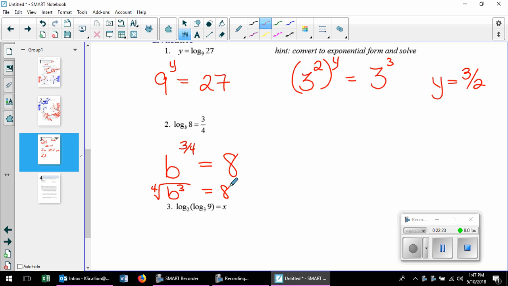So how do I get rid of a 4th root? I'm not cubing it, I'm fourthing it. You like that? The exponent of 4. Sounds better than root. So now I've got b cubed equals 8 to the exponent 4. How do I get rid of the cube exponent? You root it.